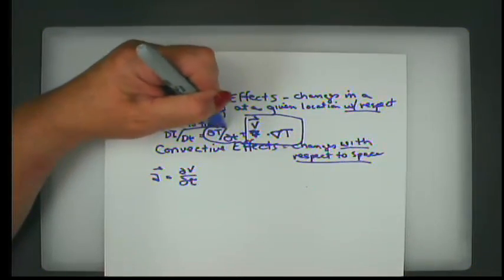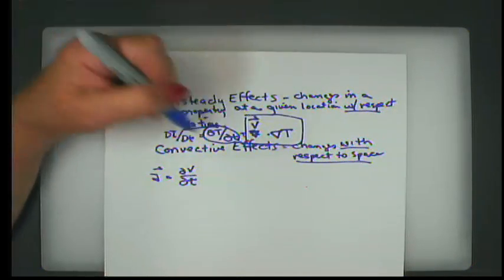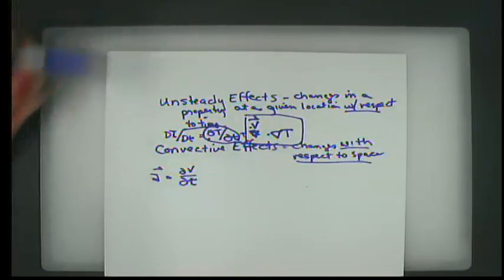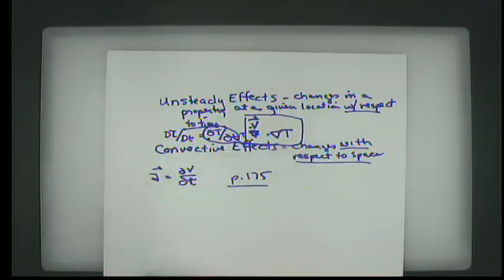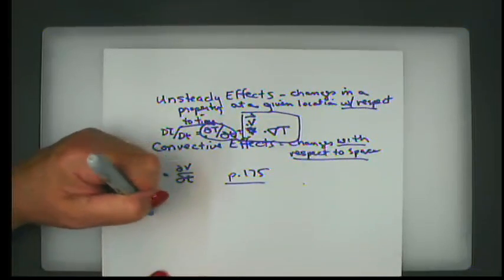So this is the time portion, and this is the unsteady portion, and this is the convective portion of the acceleration. Now, in your textbook on page 175, they give you a couple of pretty good examples. They talk about the steady state operation of a water heater, and they also talk about uniform steady flow in a variable area of pipe. If you take a look on the bottom of that page, let's take a look at the pipe, for example.